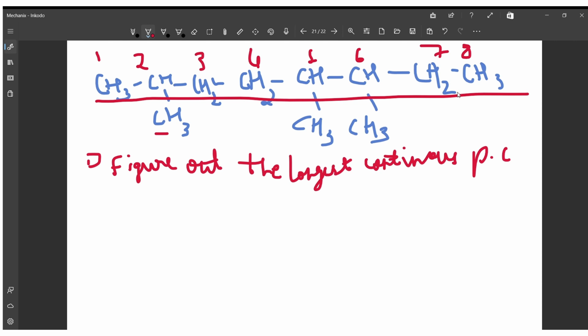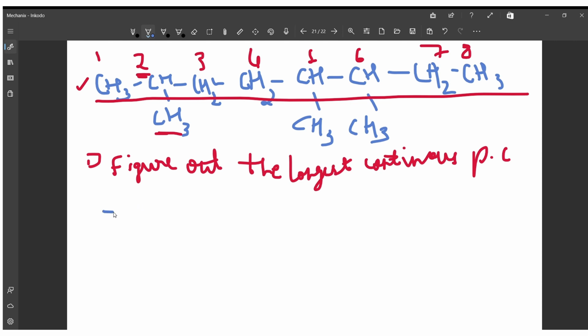So it doesn't make any difference whether you pick this carbon chain or whether you pick this one. The numbering is bound to be same. So how do we start numbering? At the position number 2, we have a methyl group. So let us write the substituents we have.